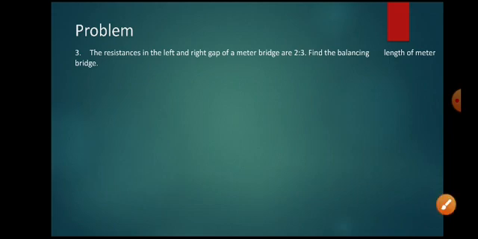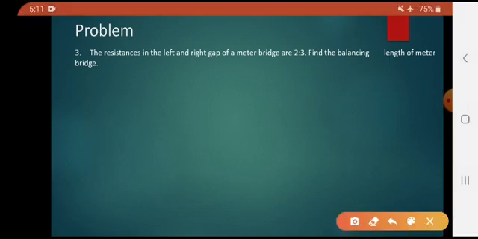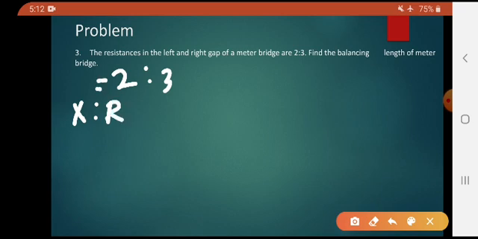Now another one. The resistances in the left and right gaps of a meter bridge are connected in a 2:3 ratio. Then find the balancing length. Here the given data is just 2:3. So X is to R equals 2:3.